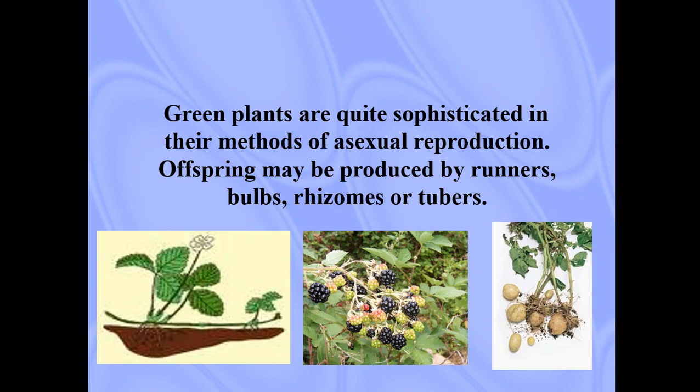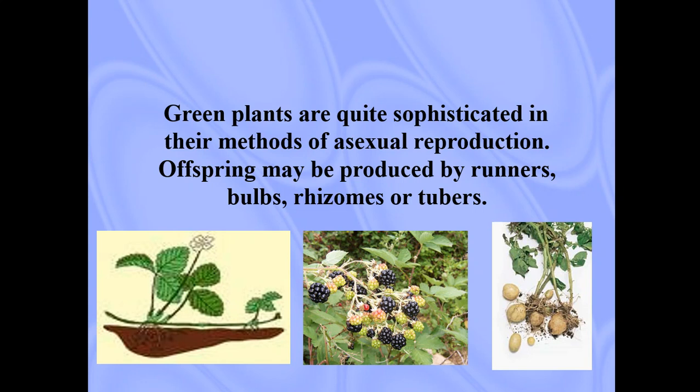Diba yung kamote, kapag tinanim mo, so meron siyang runner na nasa ibabaw ng lupa. Meron siyang nodes. Each node, meron siyang tutubong dahon or bud. Okay, then it will grow another roots, and that's a separate plant. Okay? So, yan. So, madami yan.